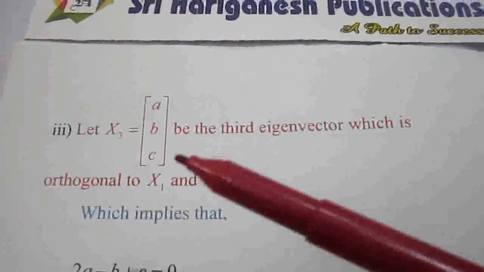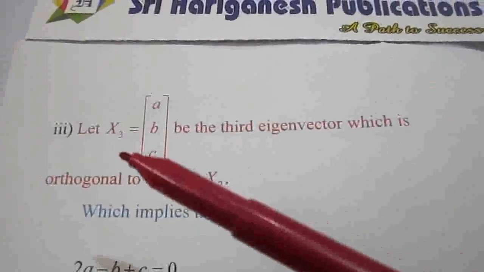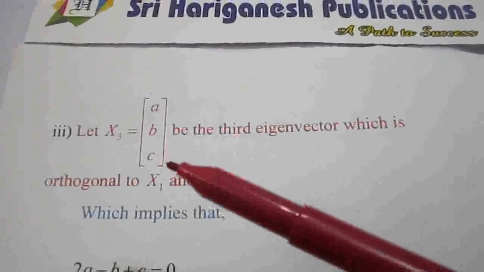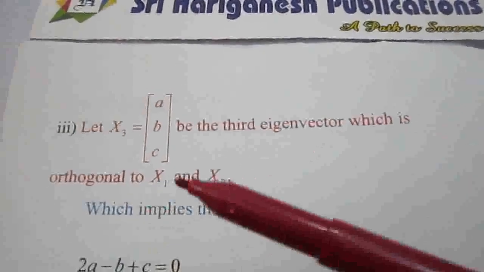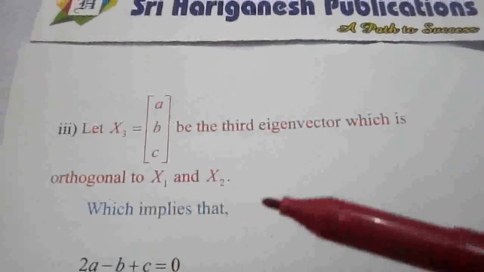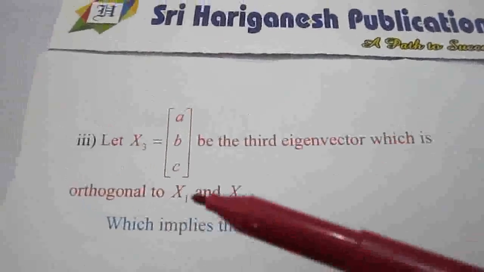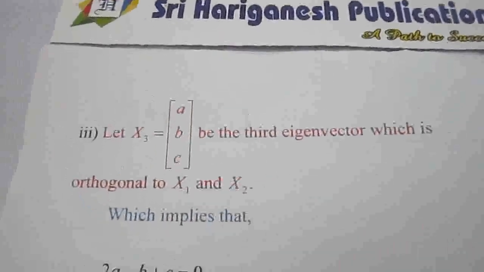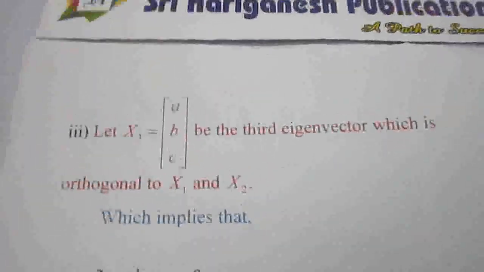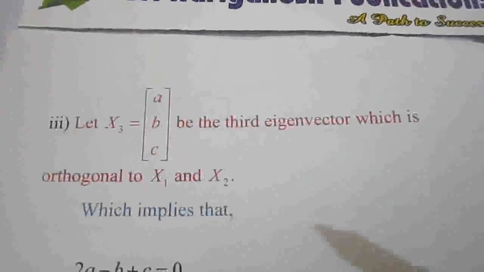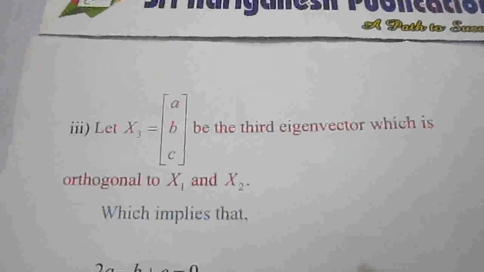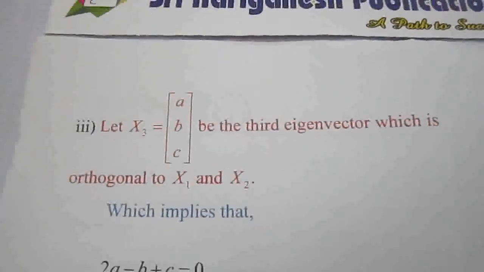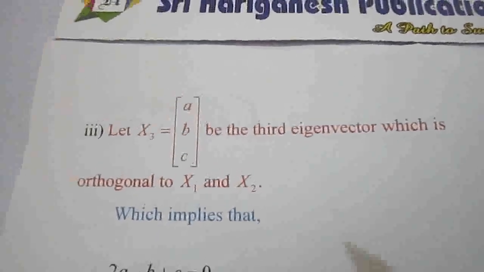Let the third eigenvector x3 be A, B, C, which is orthogonal to x1 and x2. So x3 is orthogonal to x1, and x3 is orthogonal to x2 also. Orthogonal means perpendicular, and perpendicular means the dot product becomes 0. If two vectors are orthogonal, the dot product between them is 0.